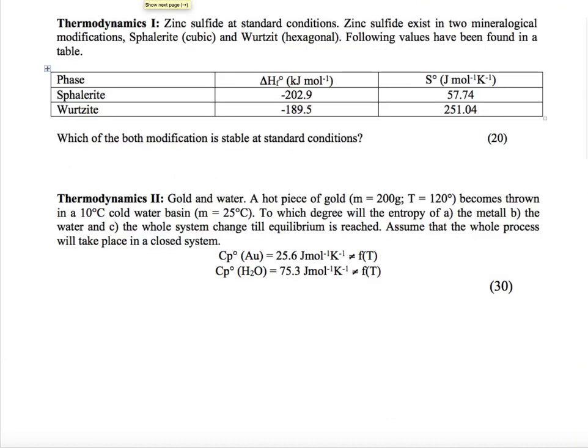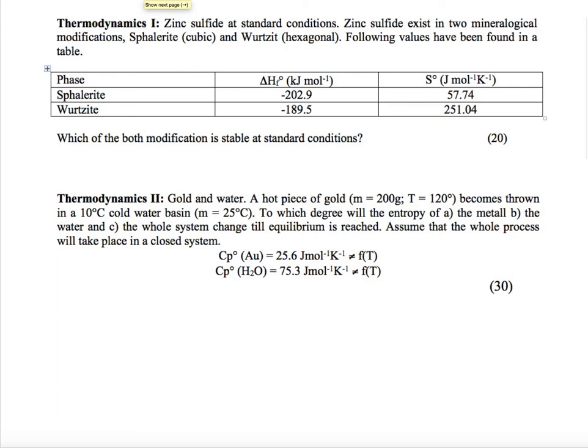Then we have here again an easy calculation. We have zinc sulfate at standard conditions. Zinc sulfate exists in 2 mineralogical modifications, the sphalerite and the wurtzite. The sphalerite is cubic and the wurtzite is hexagonal. The following values have been found in a table.